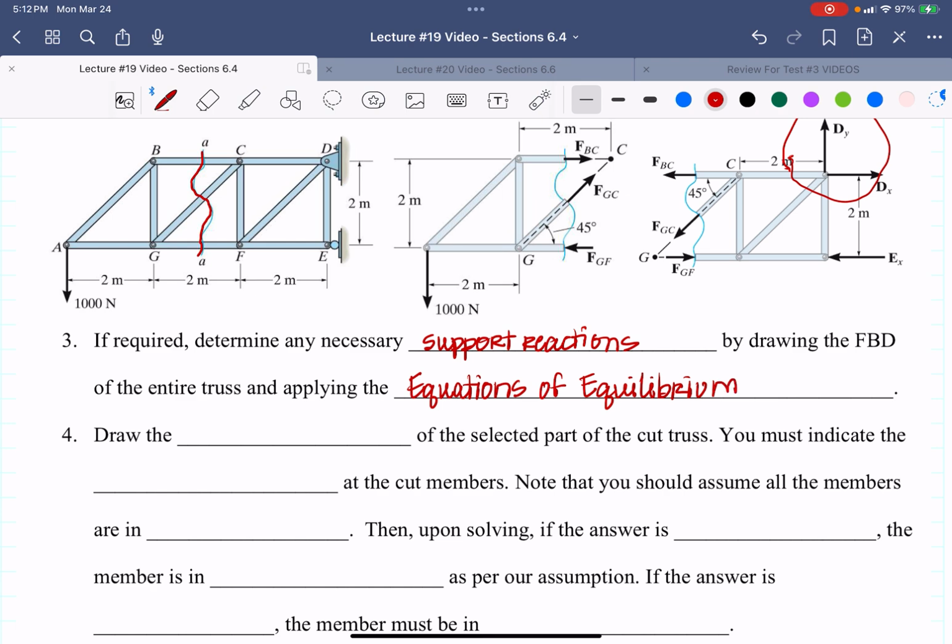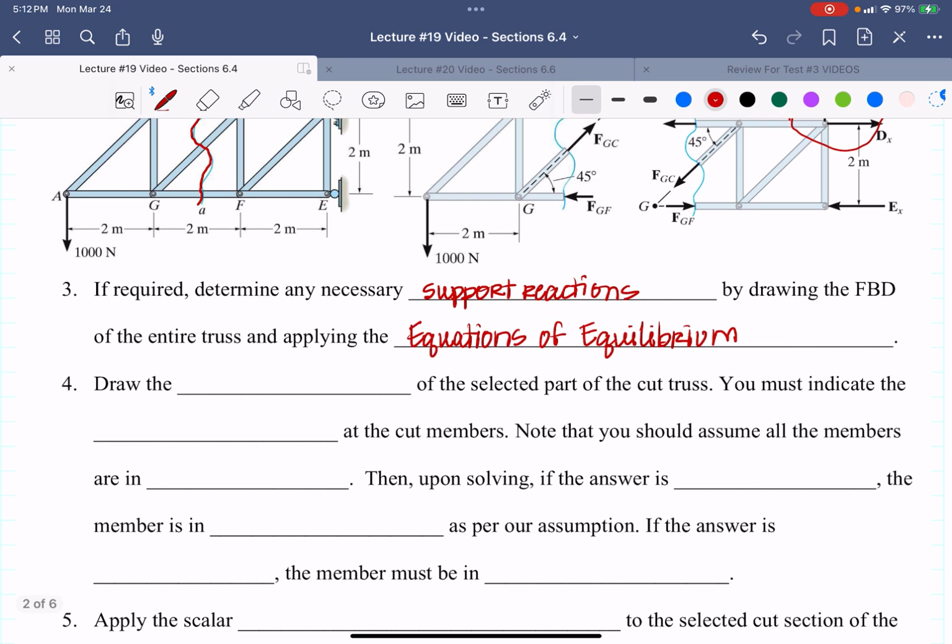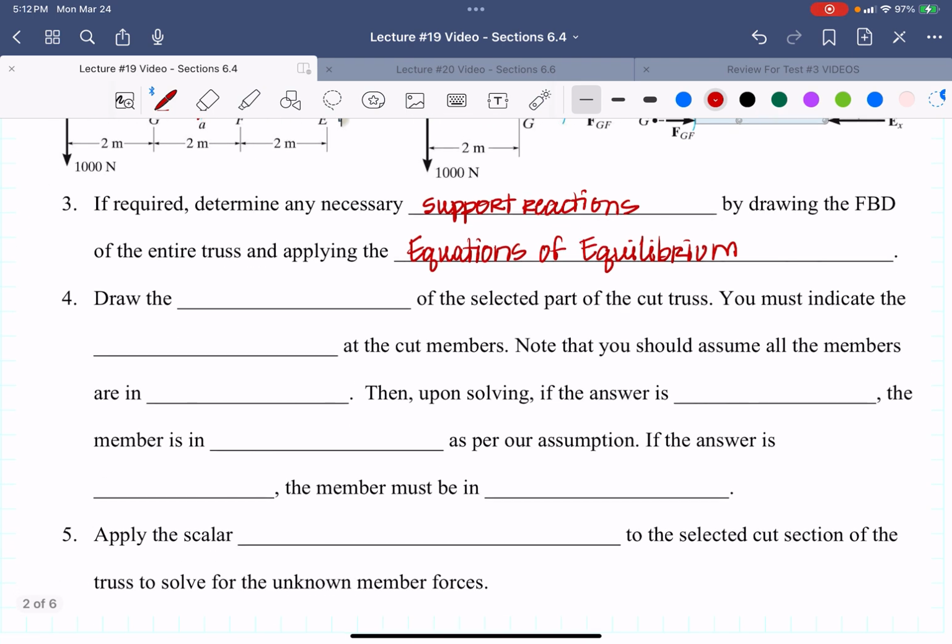All right, once we've got all of our support reactions, if we need them, we're going to draw the free body diagram of the selected cut part of the truss.